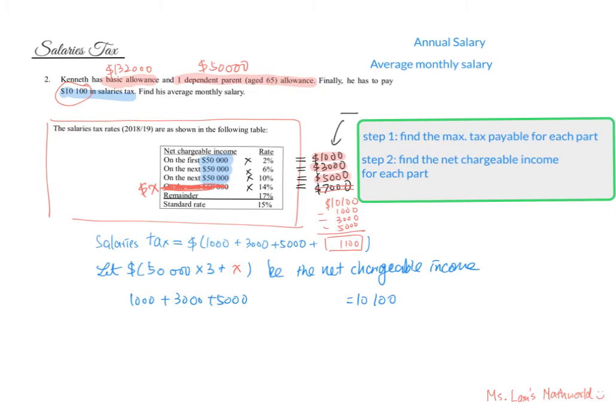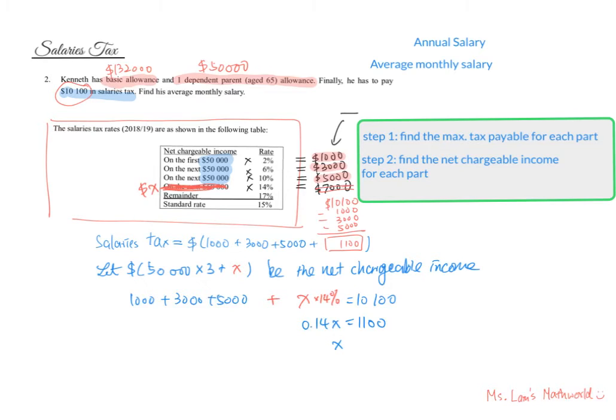So the equation is based on the tax. And then finally, for the last part, we use the salaries tax to do the calculation. See 1, 2, 3, and 4. And you know this part is actually 1,100. So you get 0.14x equals 1,100.